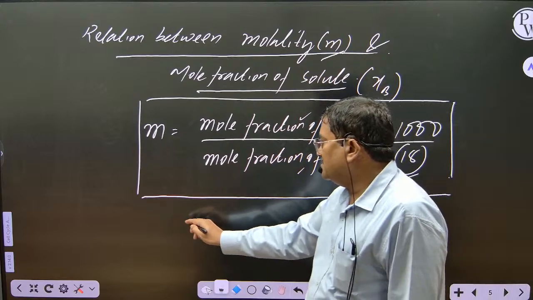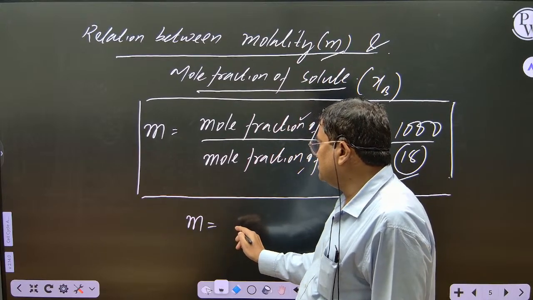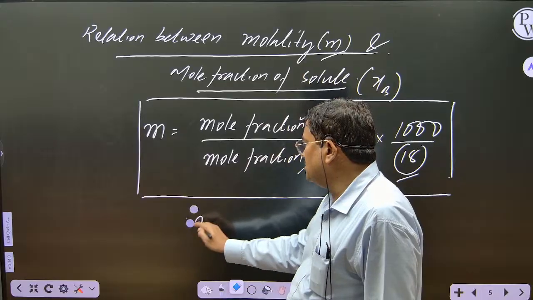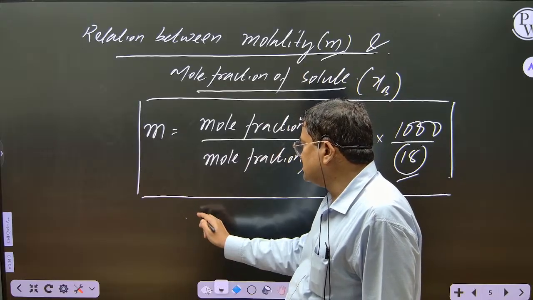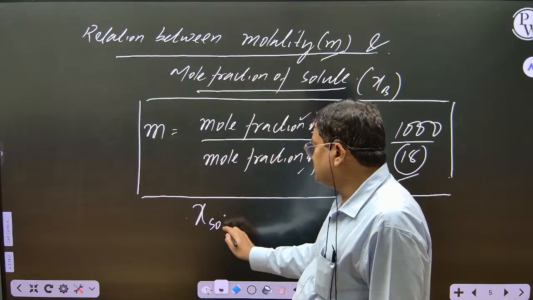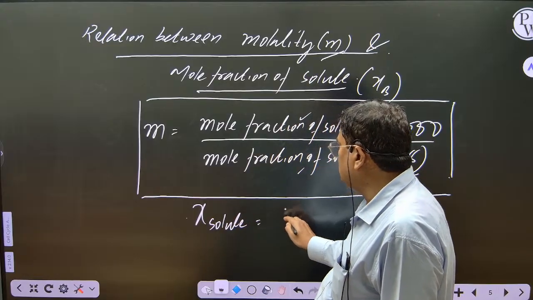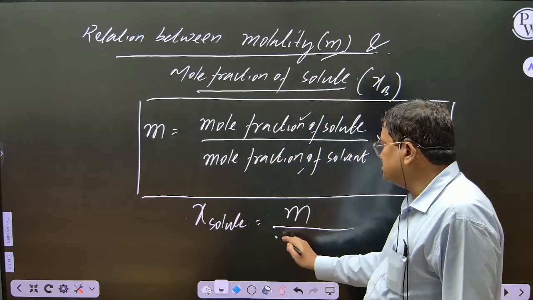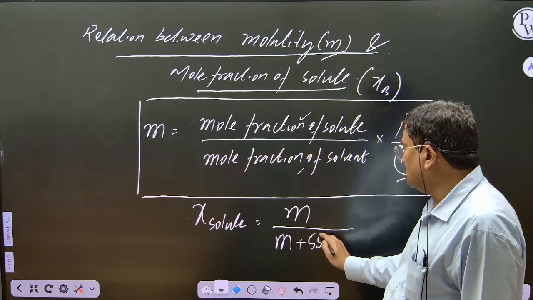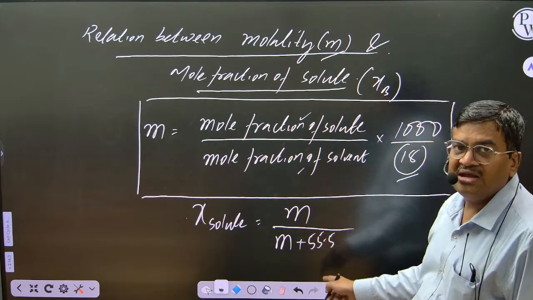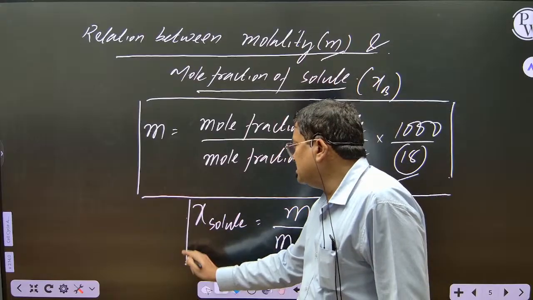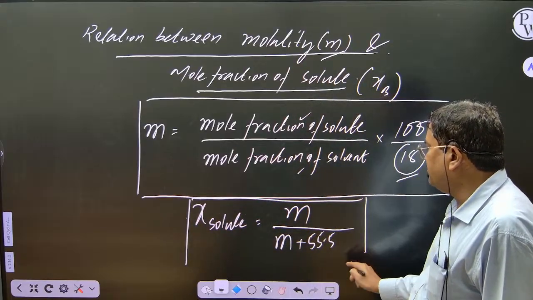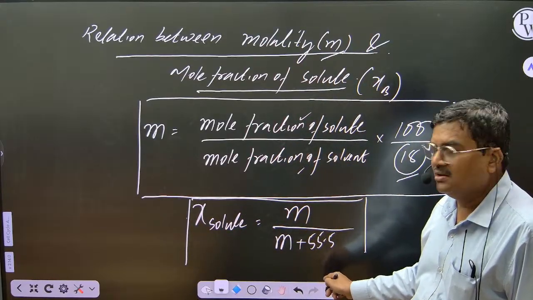There is also a simplified formula for this. Mole fraction of solute is equal to molality by molality plus 55.5. You can use either the upper relation or the lower relation, both are one and the same. So how did I get this 55.5? 1000 upon 18.